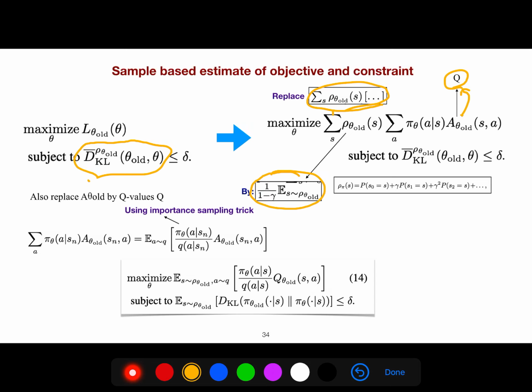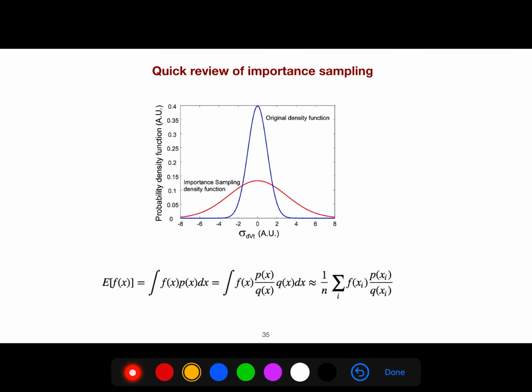Another approximation is that, of course, we are using the technique of importance sampling here. I recalled importance sampling in this slide: if you want to find the expectation of f of x, because q of x cancels with this one, you can think about it as f of x with this new probability.